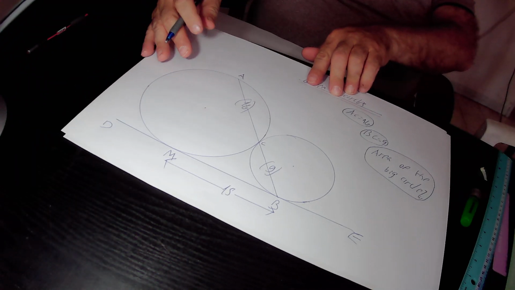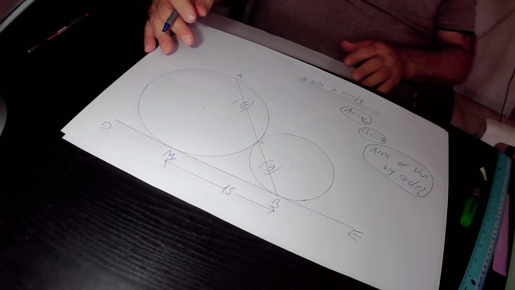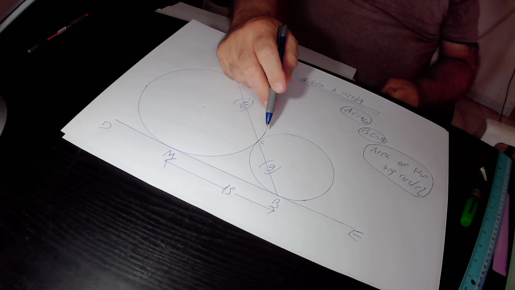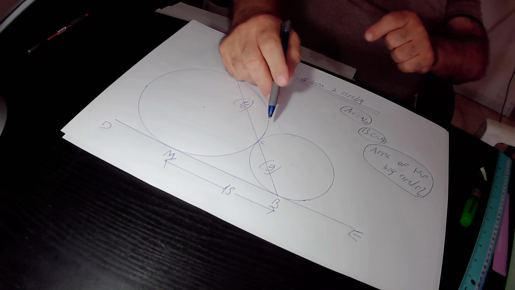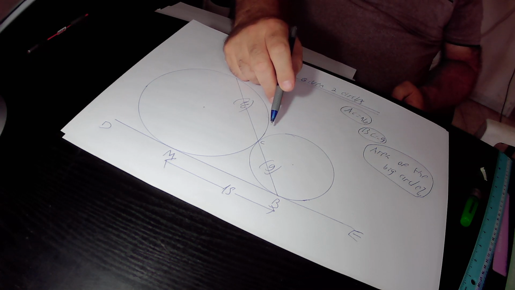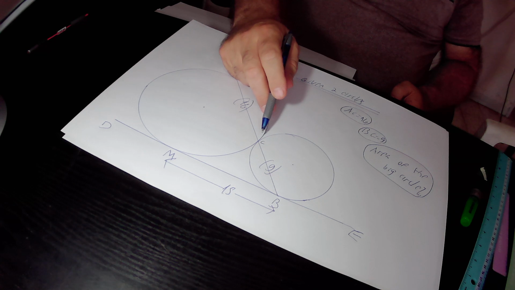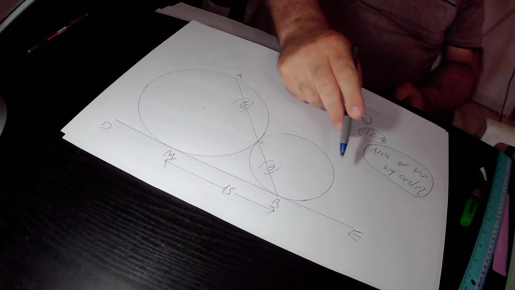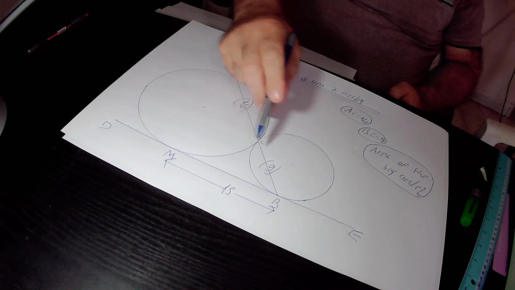In the next step, we will do a construction. That is to say, from point C, that is the point of tangency of those two circles, we will draw a straight line towards DE. From point C, we draw a straight line towards DE.